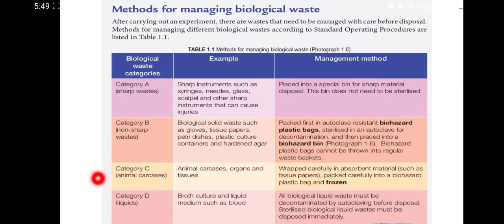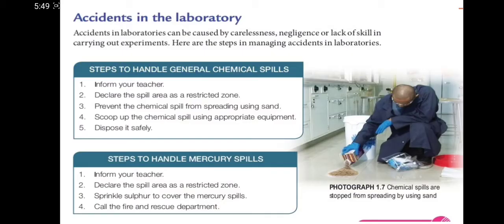Apa sahaja liquids lah, daripada culture, broth culture, liquid medium, blood, semua yang liquid punya kategori. All biological liquid waste must be decontaminated by autoclaving before disposal. Lepas sudah kena sterilize, barulah boleh dispose immediately.